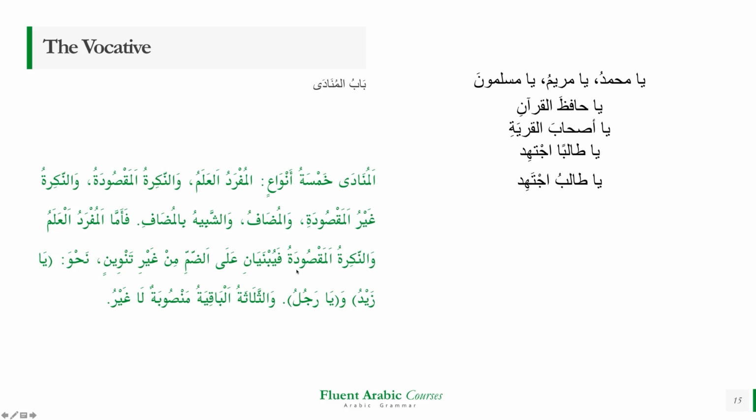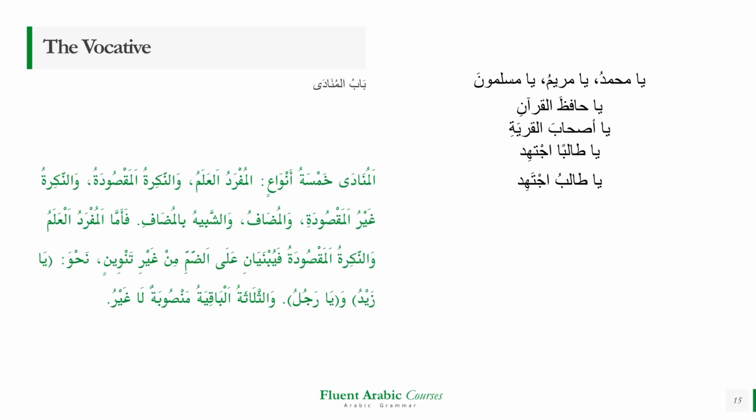If it is an indefinite noun which comes after the ya, there are 2 possibilities. One is that you intend the thing you're calling specifically. For example, if you say ya talib, and you intend that specific student, so you have to say ya talibu. It takes the state of rafa without the tanween, ya talibu.